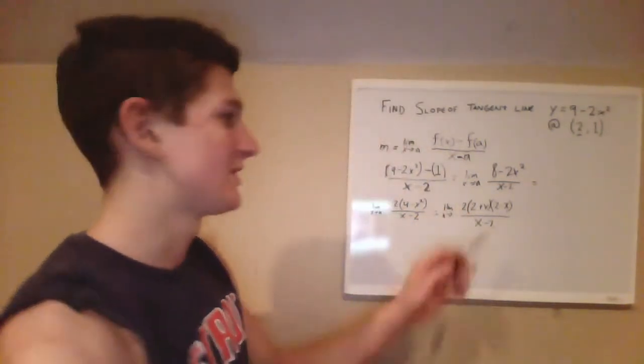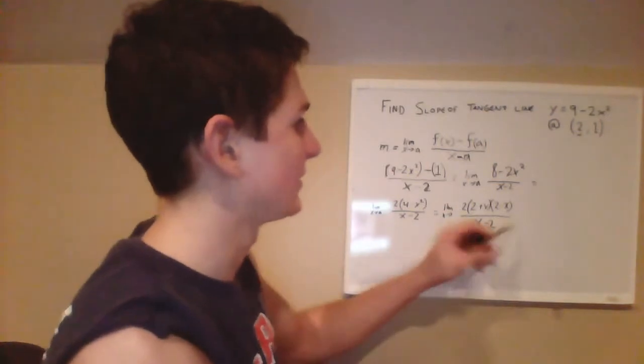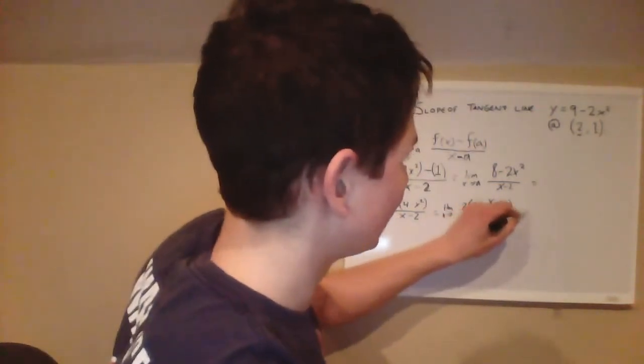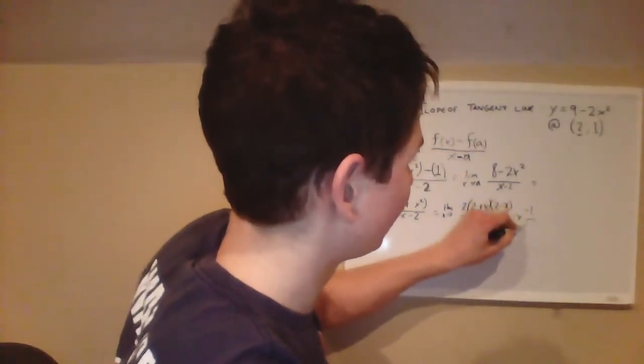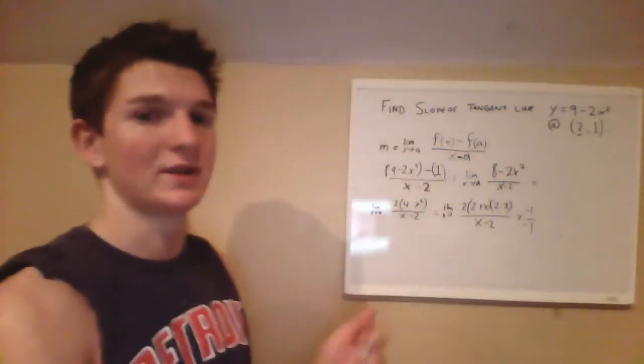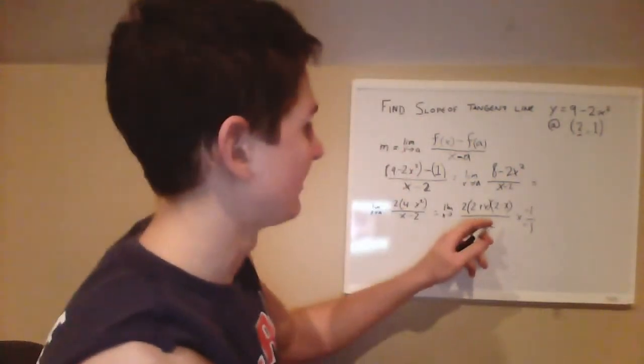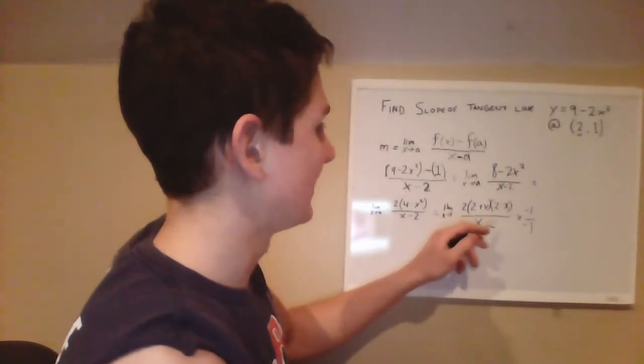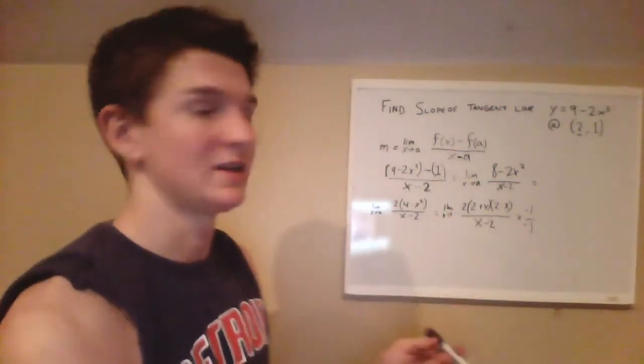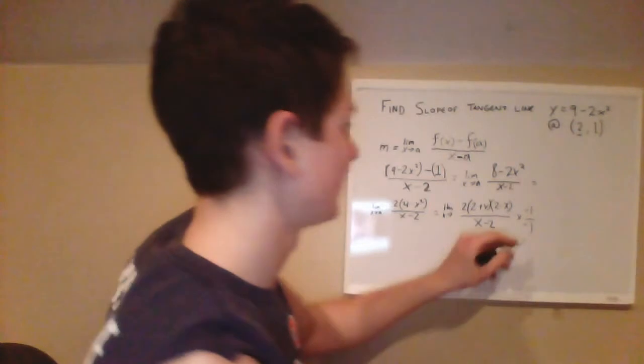We still can't cancel anything, but if we multiply by negative 1 over negative 1, which is essentially 1, we're allowed to do it without changing the value of the problem. Then we can flip the signs around down here, and I get 2 minus x.